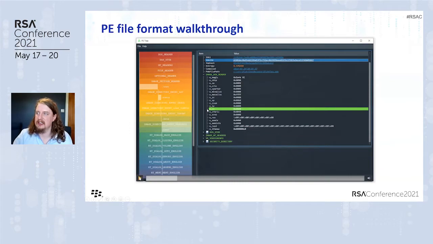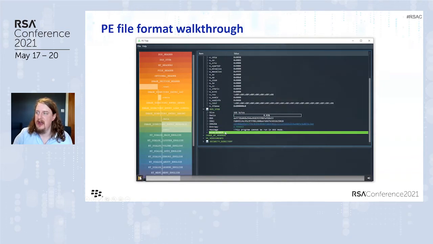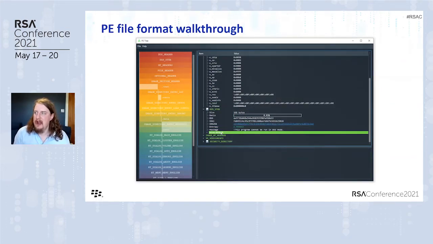So the DOS header is the first part of any portable executable file. We see at the start it's got the magic bytes MZ at the top. And beyond that, this is where the DOS stub message is embedded. You've probably seen the string before: "This program cannot be run in DOS mode." This is basically a 16-bit stub.